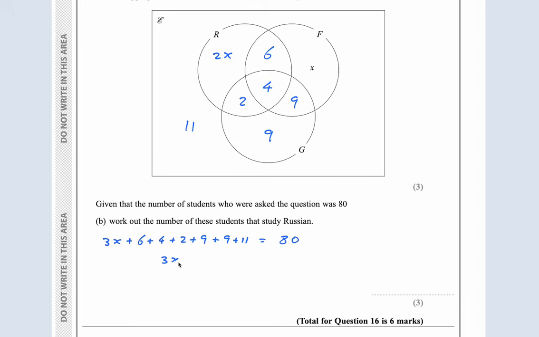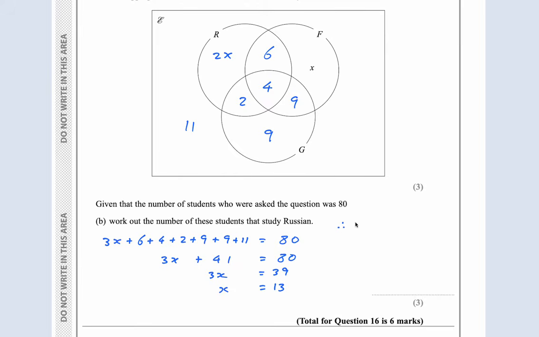Okay, let's add up these: 10, 12, 21, 30, 41. So 3x plus 41 equals 80. 3x equals 39, subtracting the 41. X equals 13. So x is 13.